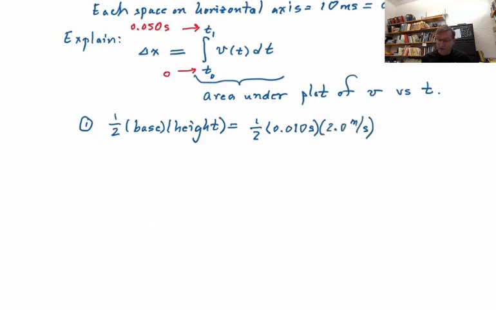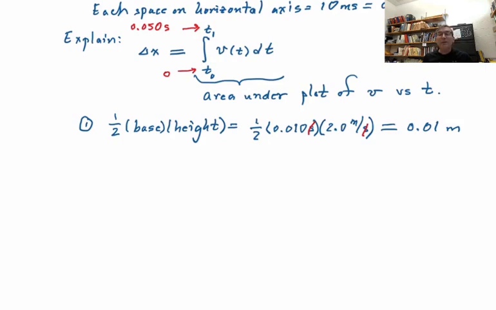Notice the units. I strongly, strongly urge you to put those in. Because when I simplify the units, I see a second and a per second cancel, and I'm going to get a number with units of meters, which is what I should get for a delta x. And you just multiply that out. You get 0.01 meters. And that's the area of triangle number 1.